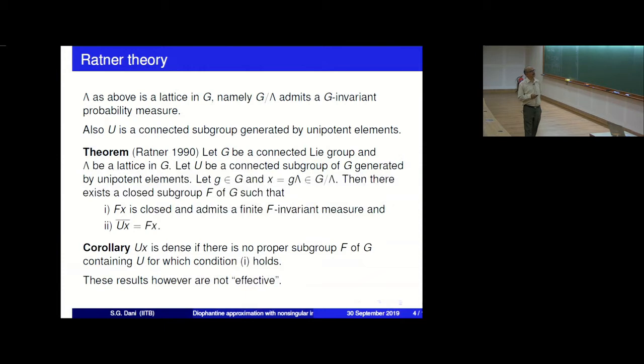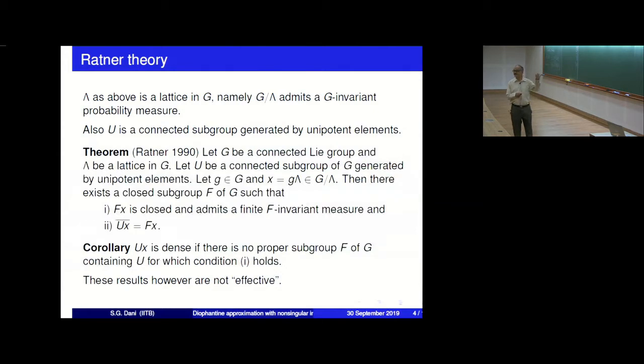Now you are looking at the orbit of any x in G mod lambda. Then the orbit closure is given by a single orbit of a possibly larger subgroup. So there exists a closed subgroup F such that Fx is closed and admits a finite F invariant measure.